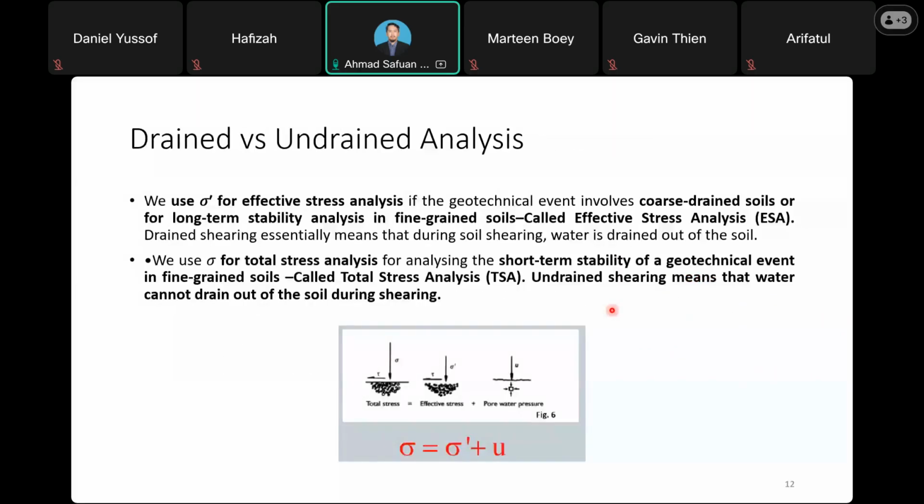While we use sigma for total stress analysis, for analyzing the short-term stability of a geotechnical event in fine-grained soil, they call it total stress analysis. So undrained shearing means that the water cannot drain out of the soil during the shearing.